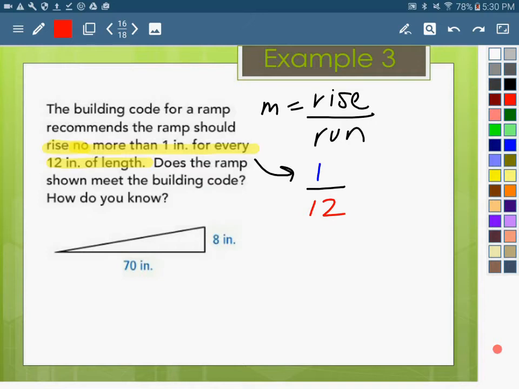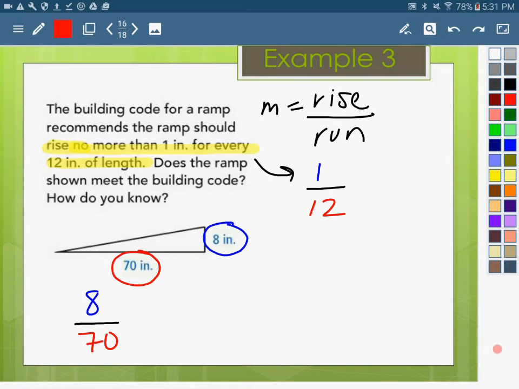It should not exceed 1/12. If we create a ratio for the ramp itself that we see in the picture, I see a rise of 8 and I see a run of 70. Let's create a ratio out of that. 8 is the rise, 70 is the run.